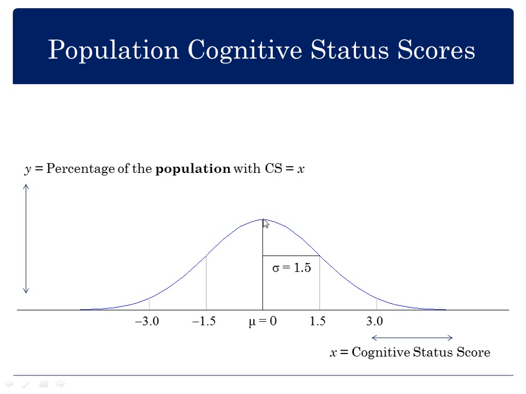So, for higher values of this function, we know that this value of cognitive status score is most likely. The most likely value we're saying is going to be 0. And as we get further away from 0, either in the negative or positive direction, the chances of someone having that score are greatly reduced. So everyone understand this graphic? It's fundamental that you understand how to interpret a probability distribution, which is what this is.